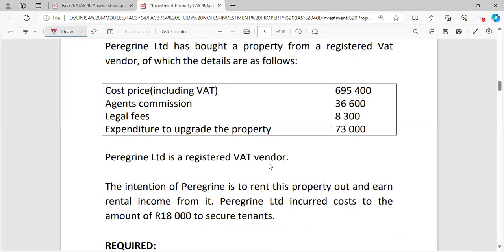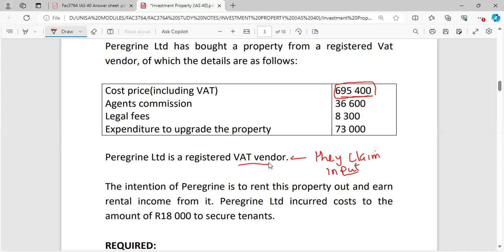I think you guys from your text know that when someone is a VAT registered vendor, it means they can claim input tax. So if people can claim input tax, it means if the cost price is including VAT, when you record in the books of accounts of the organization, you need to take out the VAT.